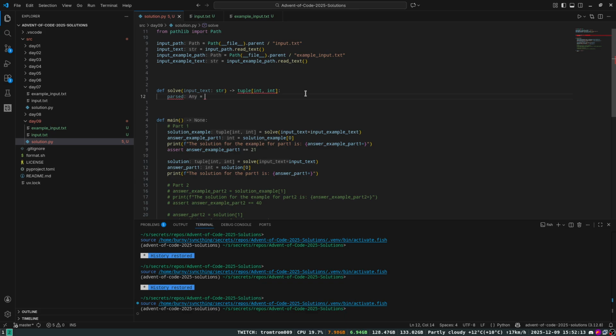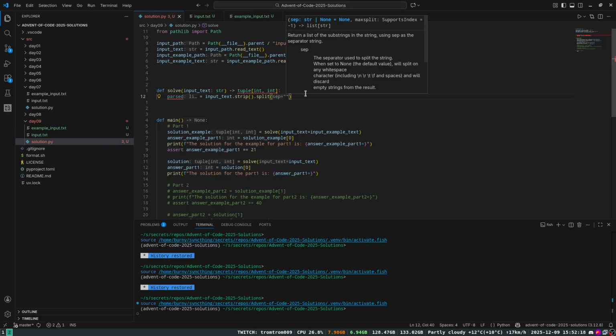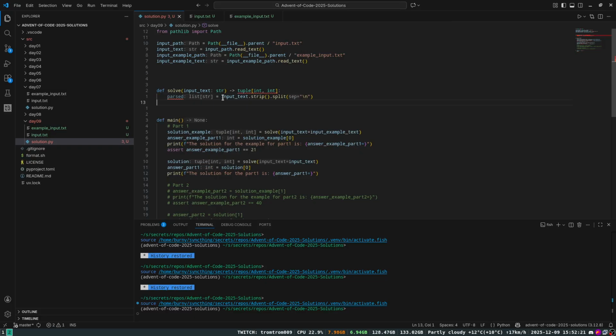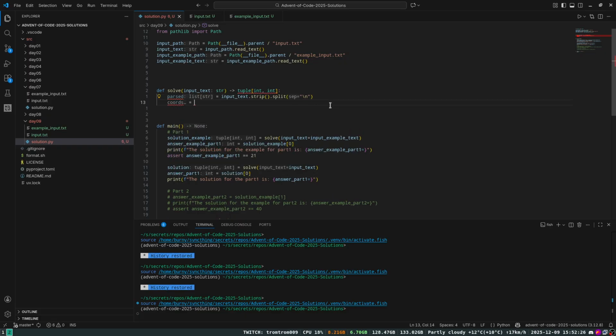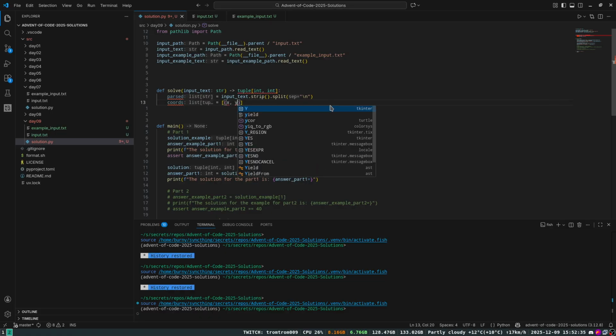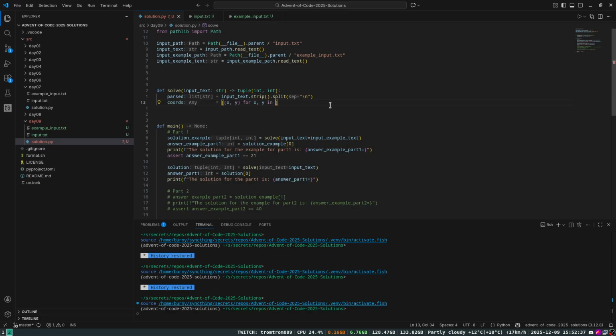we parse equal to puts text strip, then split by new line, and then coordinates again is x comma y for x comma y in line split by comma.